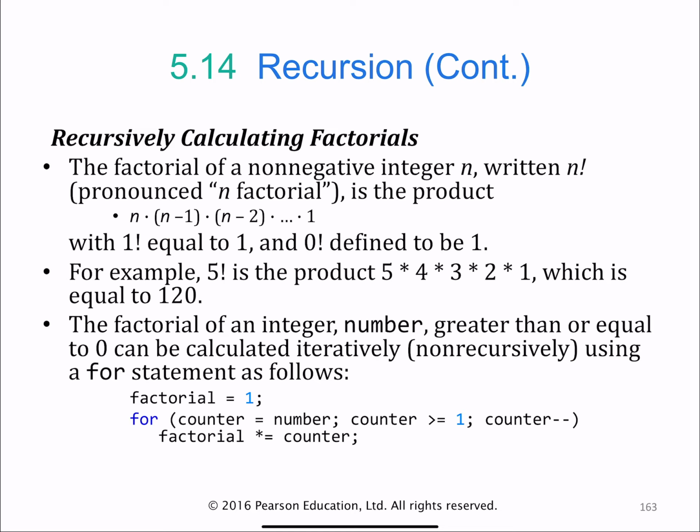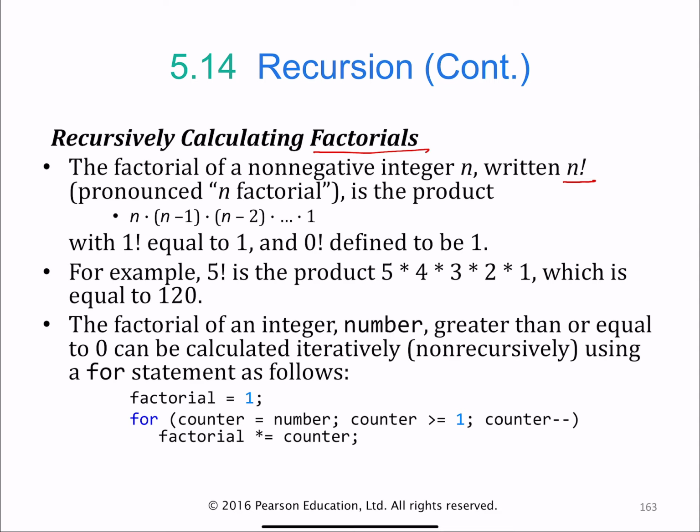Let me give you a simple example, one that is often given when you study recursion, and that is the algorithm to calculate the factorial of a number. N factorial is represented by n followed by an exclamation mark, and we read that not as n exclamation mark but as n factorial.